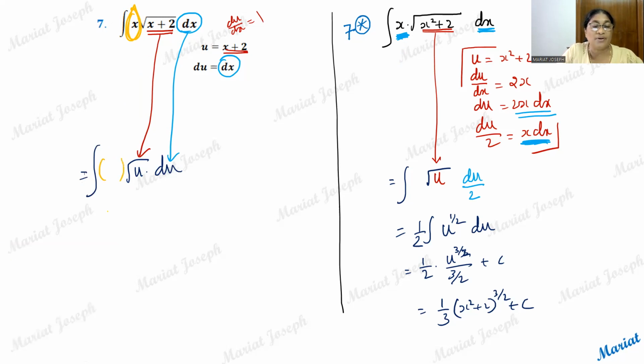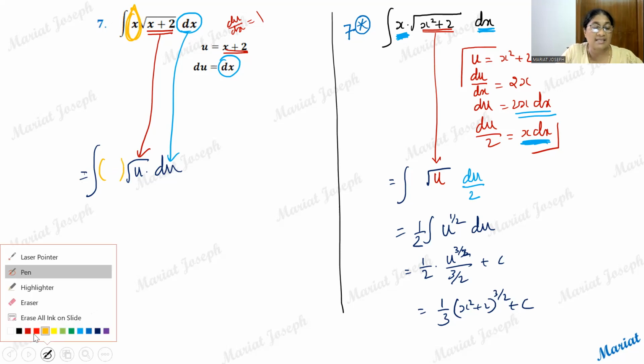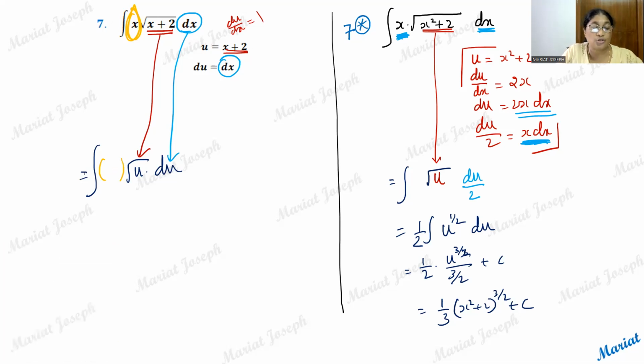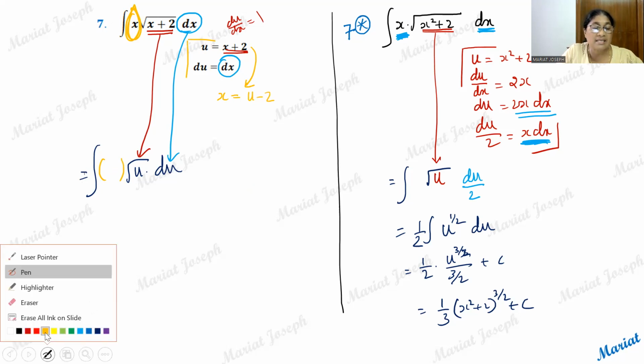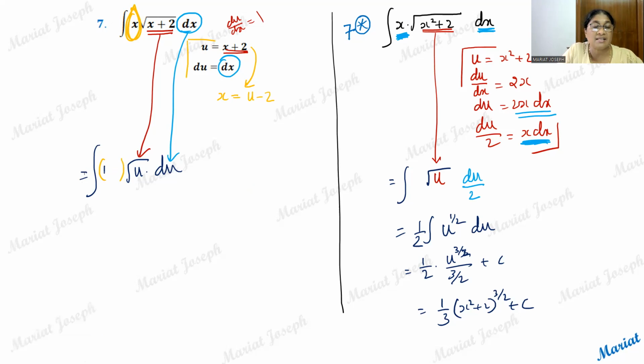For that x, you go back to the substitution and solve for x. From here, tell me what is equal to x, Khushi, from the substitution. U minus 2. Okay, that x will be replaced as u minus 2.